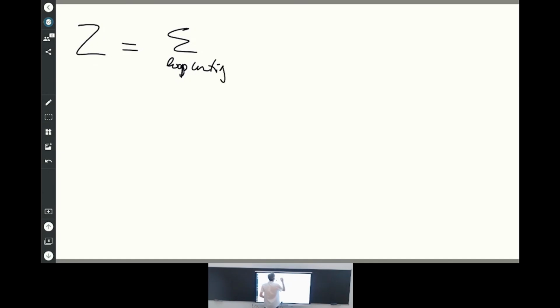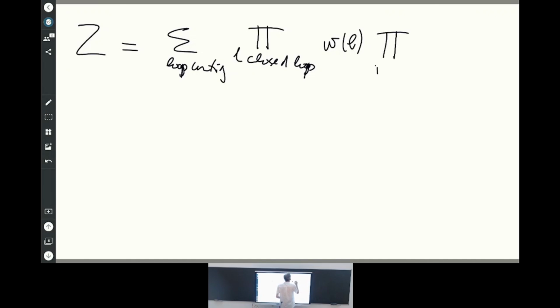So first you have a product over all the closed loops. So L is a closed loop in the configuration. And each closed loop has a different weight, W of L, depending on which punctures are inside or outside this closed loop. And then you have also a product of vertices.